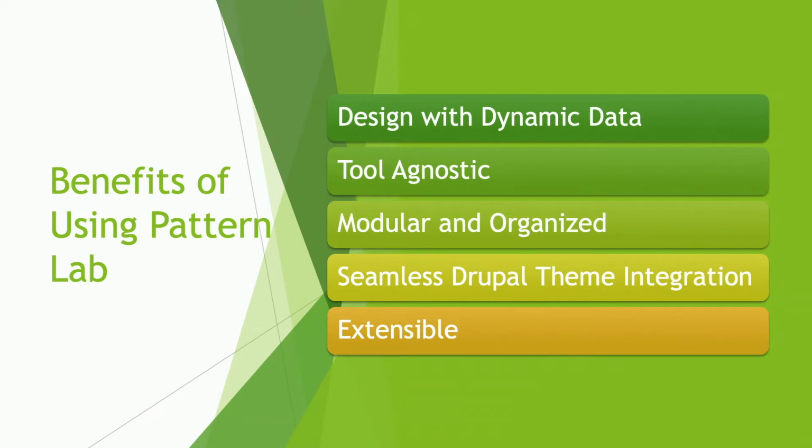Going one level above, each pattern folder is contained within another folder based on its component level. Like Roshana was saying, atoms are separated from molecules, which are separated from organisms. It makes things really nice and organized and easy to find. And it also guarantees that we only have to change a pattern in one place and it's going to persist throughout the entire site.